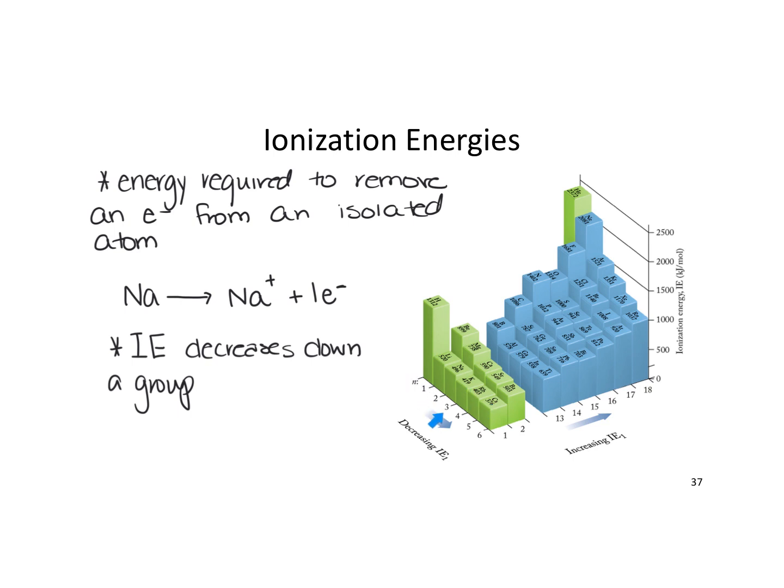What you can see as you go down this group is that we're decreasing in ionization energy. The other thing that we see is that ionization energy increases across a period from left to right. So we have an increasing ionization energy there.